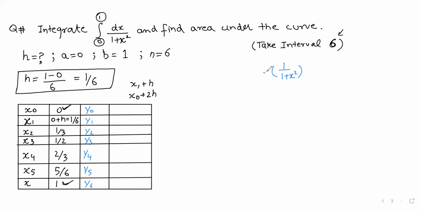This is your value of y. Okay, so what will be the value of y naught? For y naught, you have to put 1 over 1 plus x naught squared, which is equal to 1 over 1 plus 0, and then it will be equal to 1. Okay, so what is the value of y1?